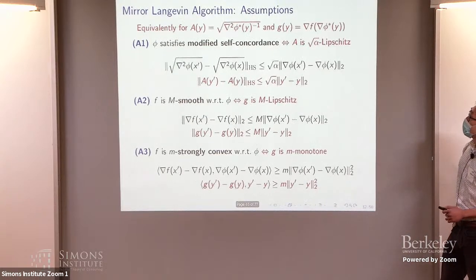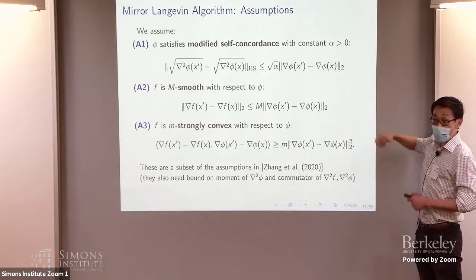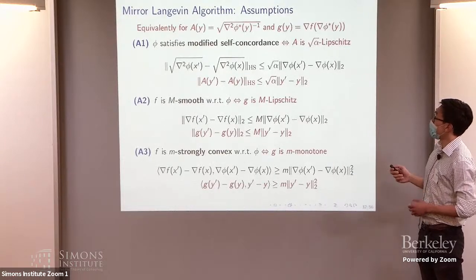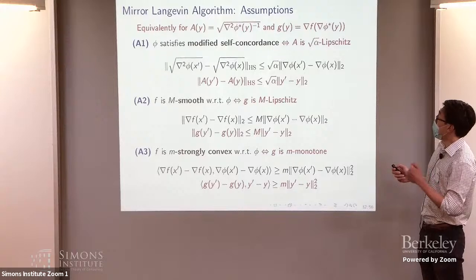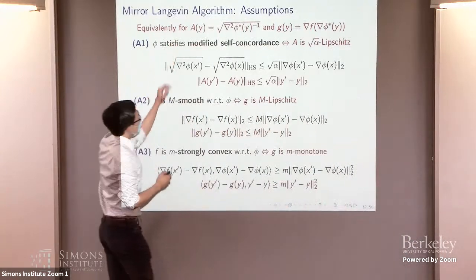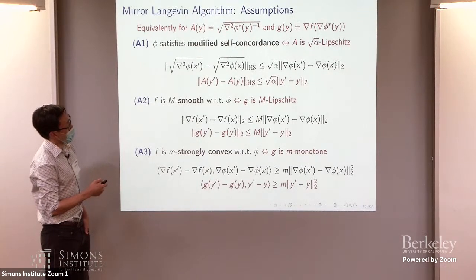Before the result, we can also translate these conditions into the dual space, right? So in the dual space, in terms of y, which is the mirror map of x, let's define this matrix A of y, which is the square root inverse Hessian of phi star, and this vector G of y, which is the gradient of f composed with gradient of phi star.